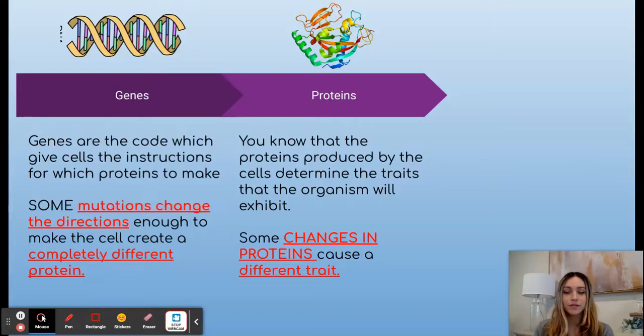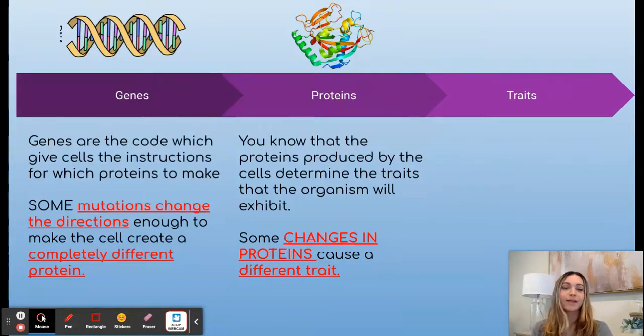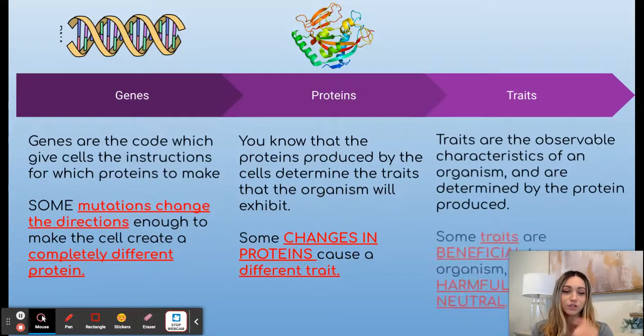Some mutations or some changes in that code on the gene actually cause different proteins to be produced that can eventually cause a change in the trait or the observable characteristics that we see in the organism. Some of these traits or these mutations that cause different traits are beneficial, meaning they're good for the organism. Other mutations lead to effects that are harmful or bad for the organism.